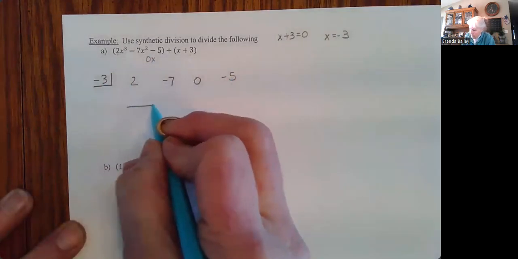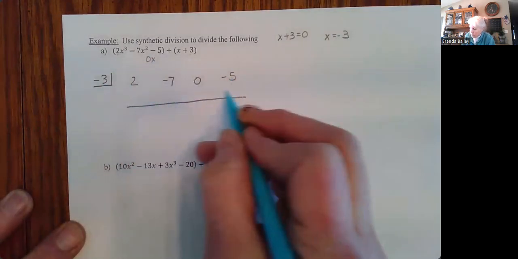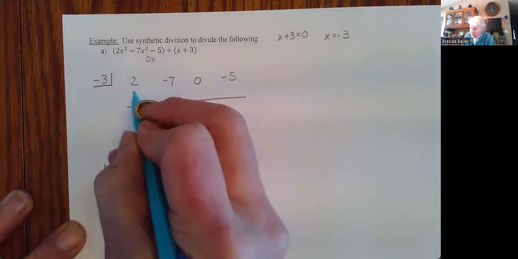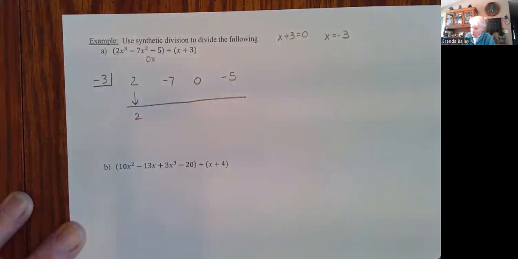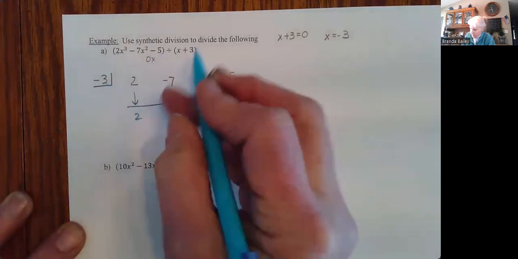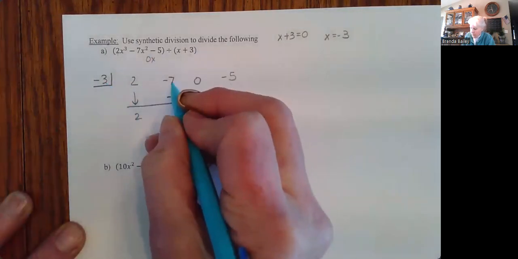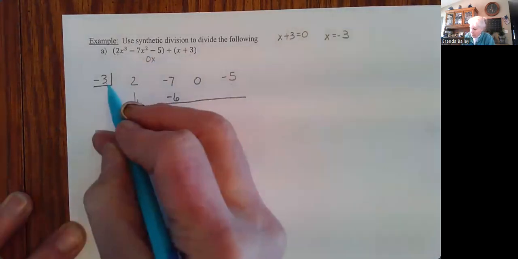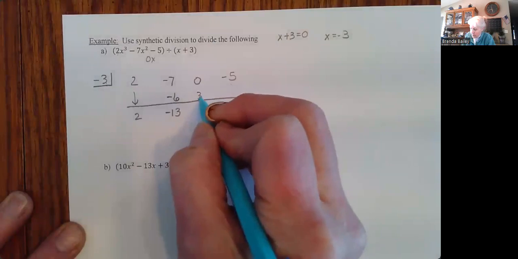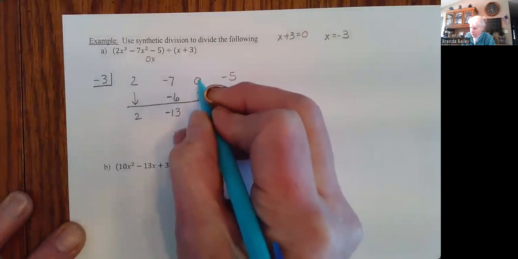Draw a line here. Leave yourself some room to write numbers. Bring this down. And you start your process. You multiply. And then you add. Then you multiply, positive 39, and then you add.